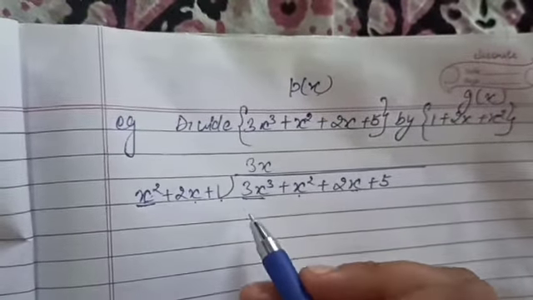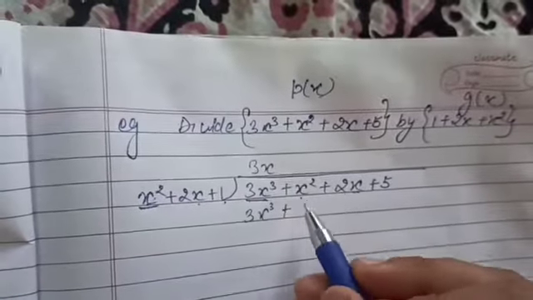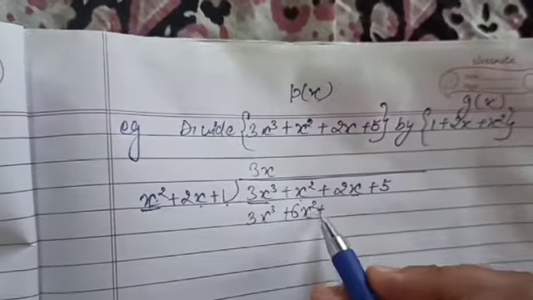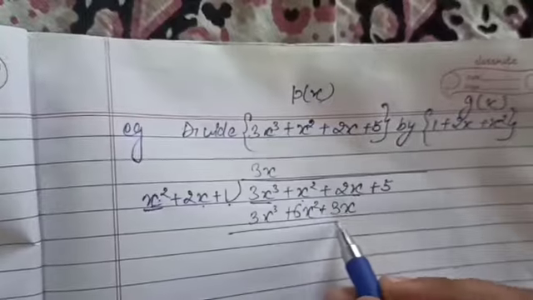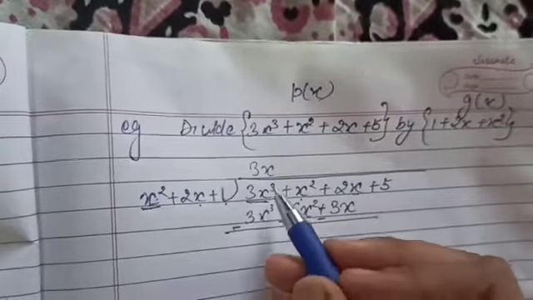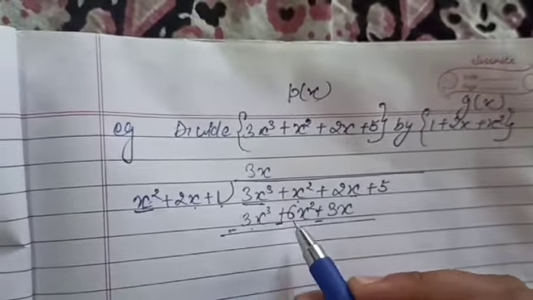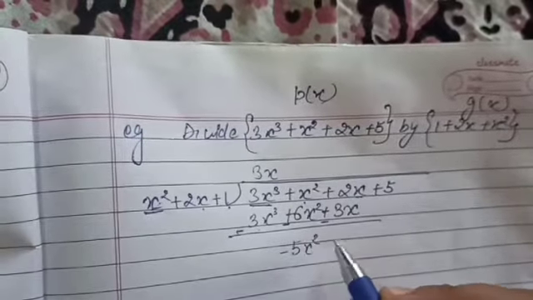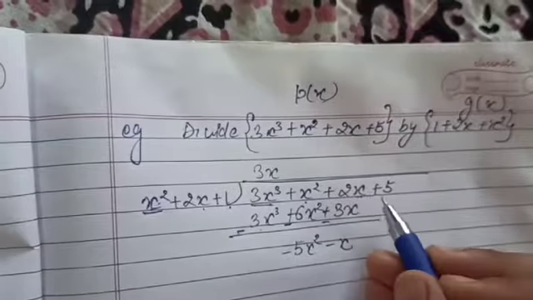It will give us 3x cube plus 3 into 2, 6, and x into x, x square, plus 3 ones are 3, 3x. Now we have to subtract it, so all signs will change. Now these will cancel out, and minus 6x square plus 5x square will give us minus 5x square, and here minus 3x plus 2x will give us minus x. Also plus 5.